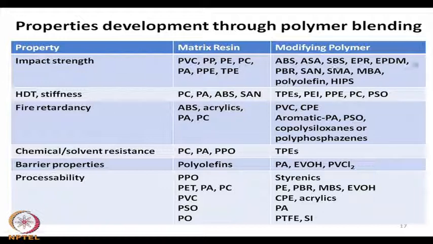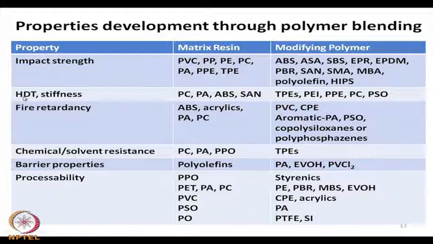These are considered as modifying polymers: ABS, SBS, EPR, EPDM, polybutadiene, styrene acrylonitrile, polyolefin, high impact polystyrene. These can be used for blending with any of these matrix resins to have newer products.